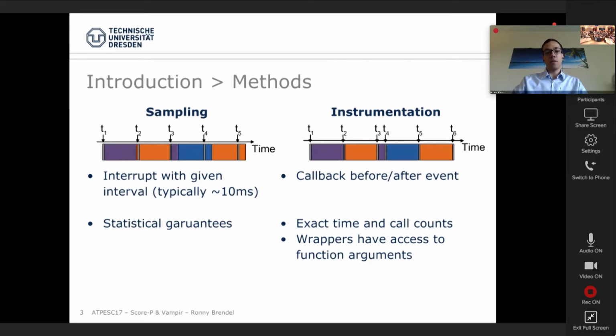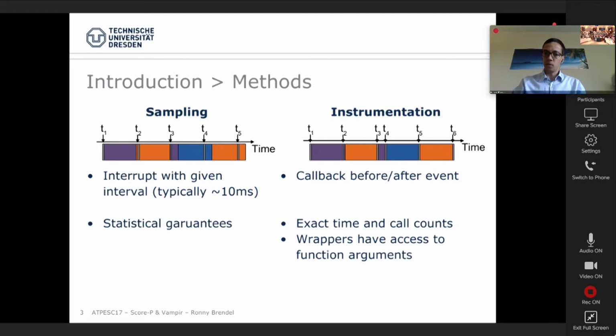What you get by that is a statistical representation of what's going on in your program, because you probe at this interval, and you assume that, for example, the function you're hitting runs for the length of this interval. Instrumentation, on the other hand, gets a callback at every event, for example, a function enter and exit, and records exact timings.